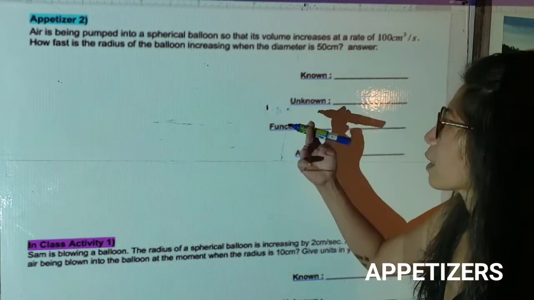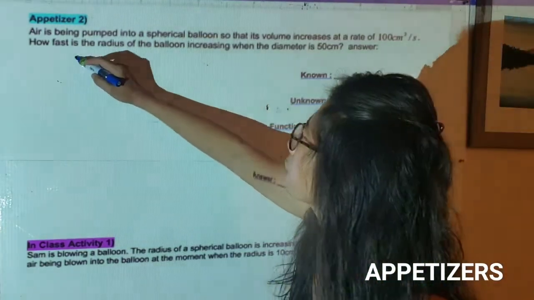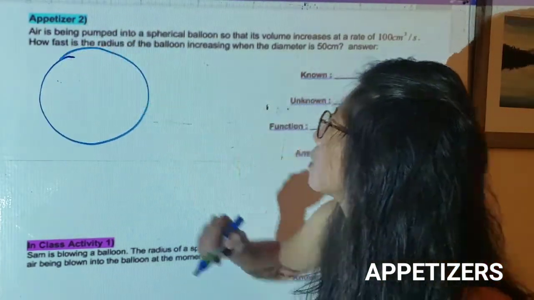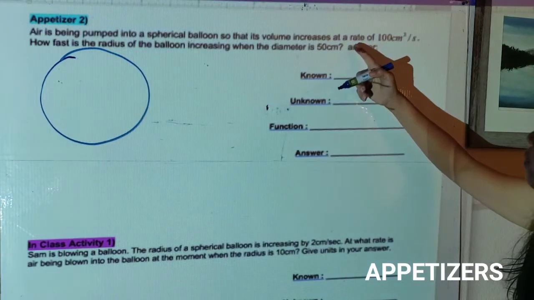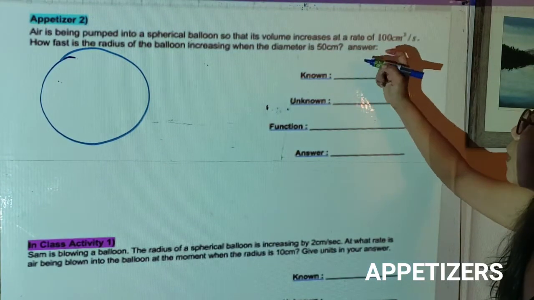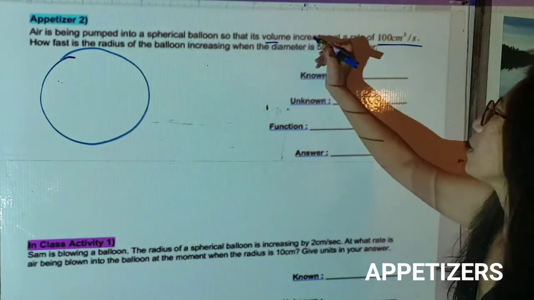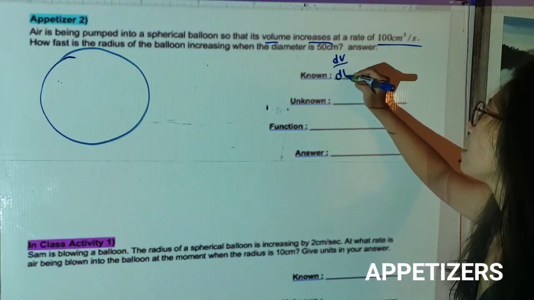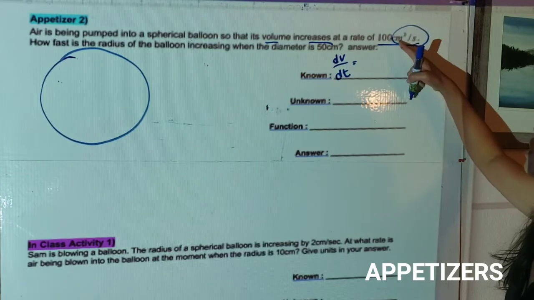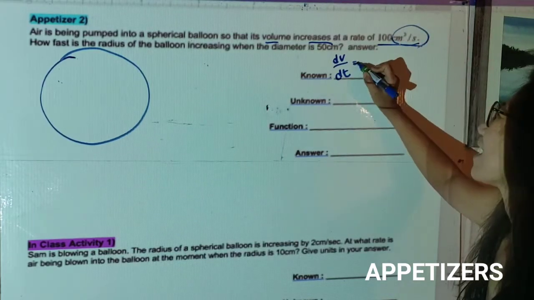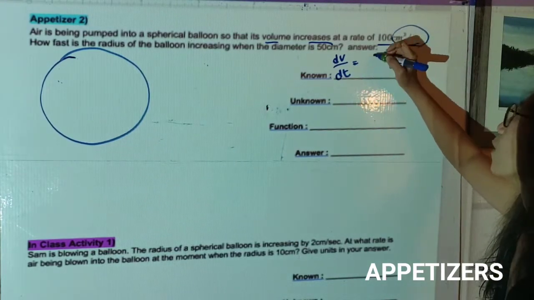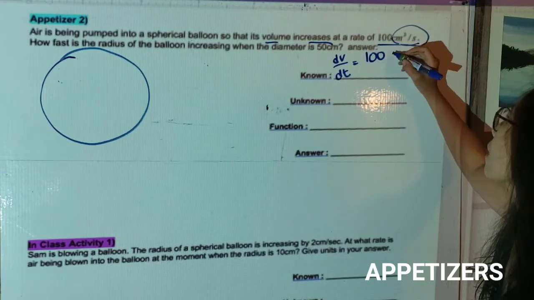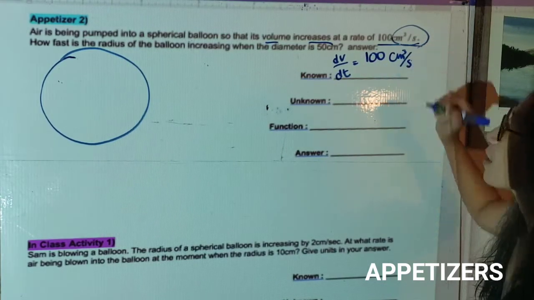So let's organize. There's a spherical balloon, and the balloon volume is increasing at this rate. So volume increases, and that's the rate dV/dt. How do I know? I cheated. It's not cheating, I call it ethical cheating. 100 cubic centimeters per second.